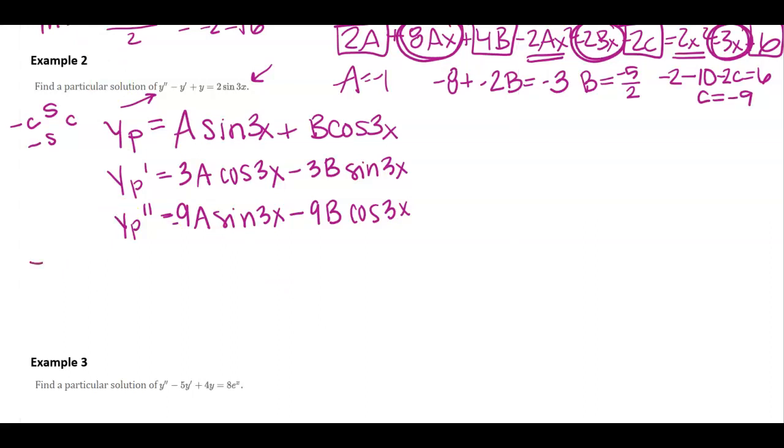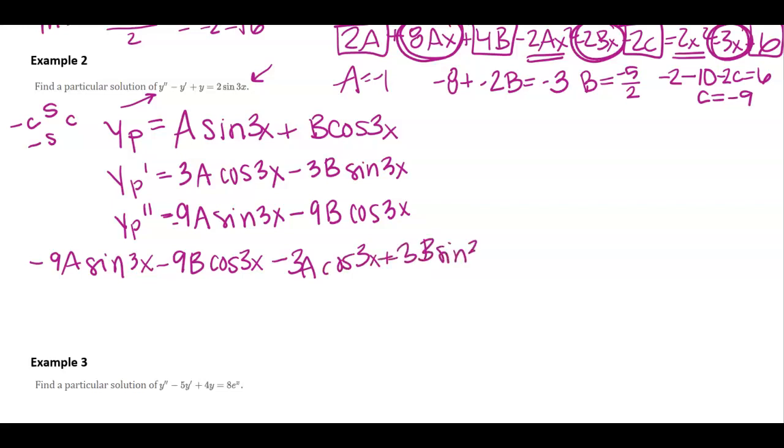All right, so that will give us -9a sine 3x minus 9b cosine 3x. Now I'm going to subtract y prime. So minus 3a cosine 3x plus 3b sine 3x. And then I'm going to add the yp term, and I need this to be equal to 2 sine 3x.